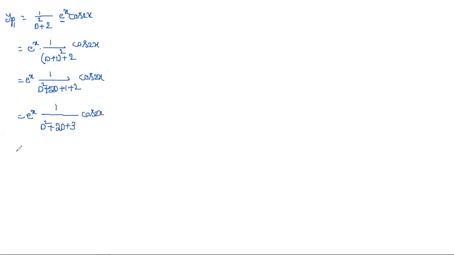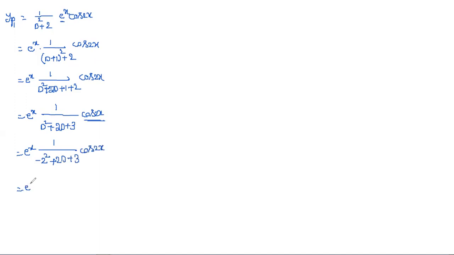Now, this is a trigonometric cos, so we need to follow the procedure for cos. We substitute in place of D square as minus a square, where a is 2. So in place of D square, we substitute minus 2 square, plus 2D plus 3, into cos 2x.